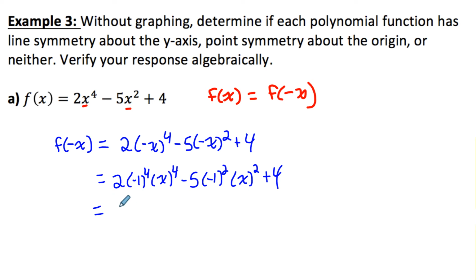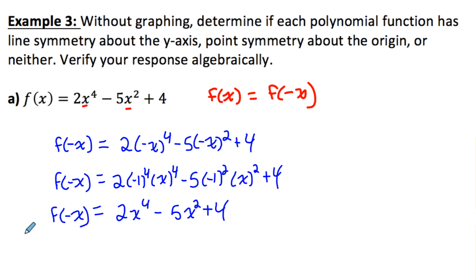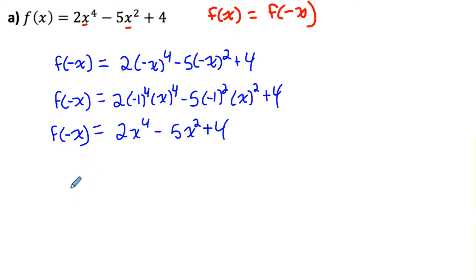So if I simplify this, I would have 2 times 1 times x to the 4 minus 5 times 1 times x squared plus 4. Notice my expression for f of negative x is exactly the same as my expression for f of x. So in my conclusion, I can say f of x equals f of negative x. And what does that tell me? Therefore, it's an even function that has line symmetry at the y-axis.